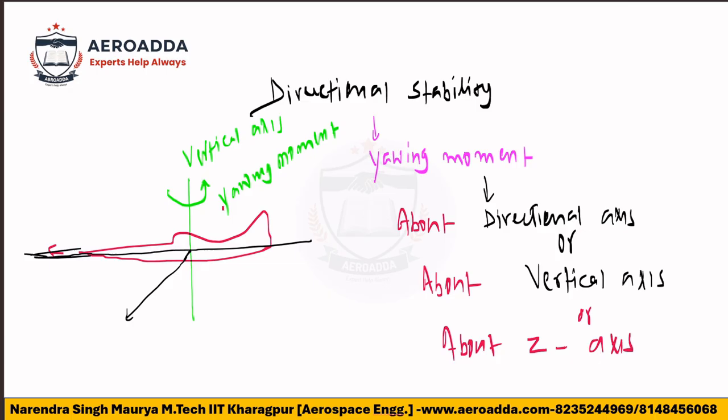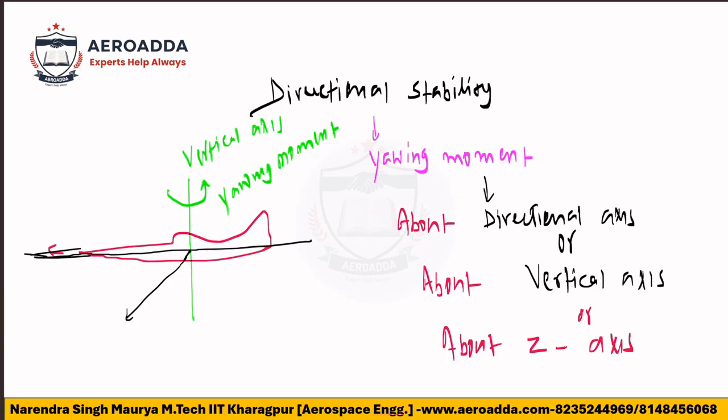Correct? So here this is the longitudinal axis; about longitudinal we have rolling. About the lateral axis, we have pitching. Similarly, the directional or vertical axis will have a yawing moment.